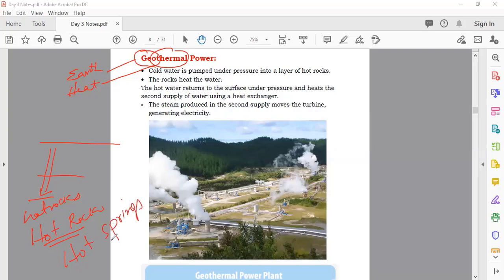In some countries, they're coming out of the ground. These hot rocks are not found everywhere, only in some areas. You can see in this picture, here you have these hot rocks down. And how they will use the heat of the earth to convert into electricity is really simple. I will explain to you now.